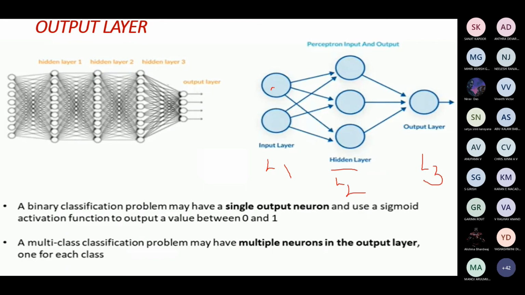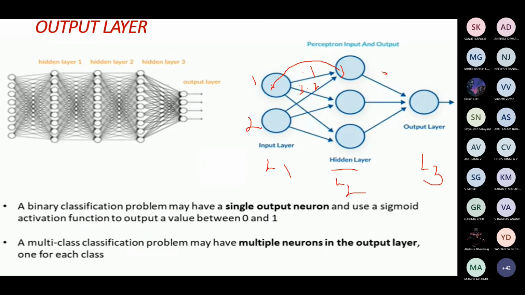In layer 1, you pass the input to this. Say for example the inputs are 1 and 2, the weightage is say for example 0.1, then this weightage is 0.2, this is 0.3, this is 0.4, 0.5, 0.6, 0.7. Then we have say for example again 0.1, 0.2, 0.3, whatever it is.